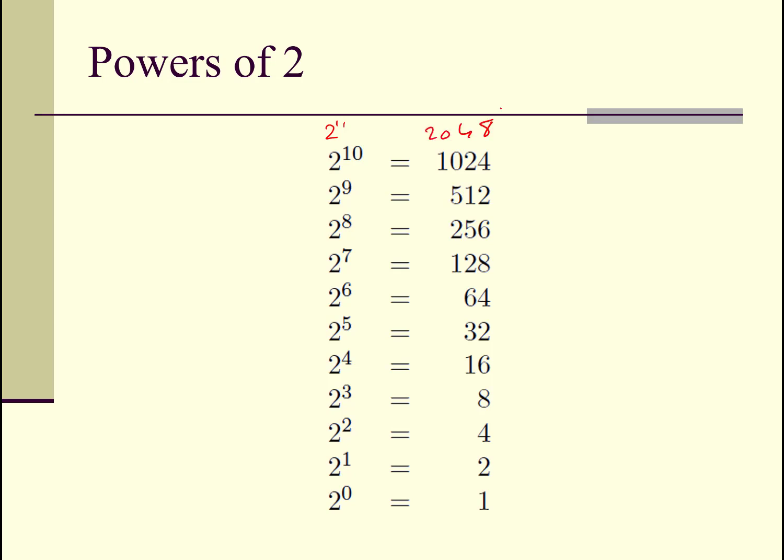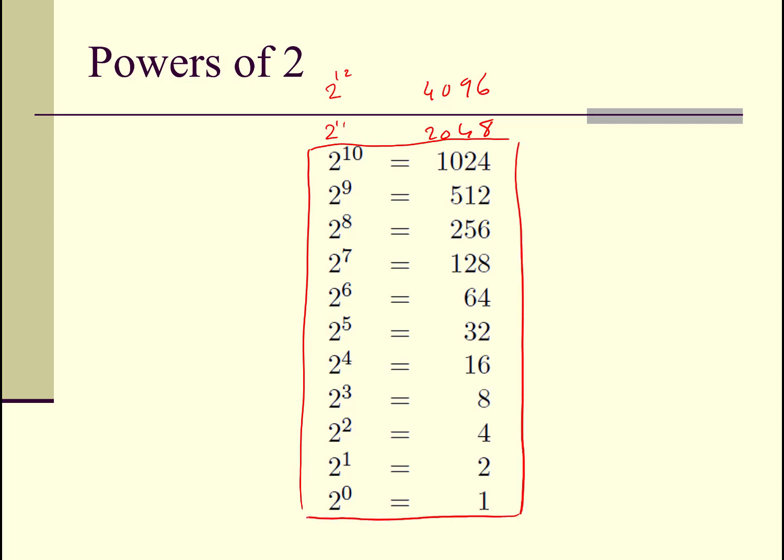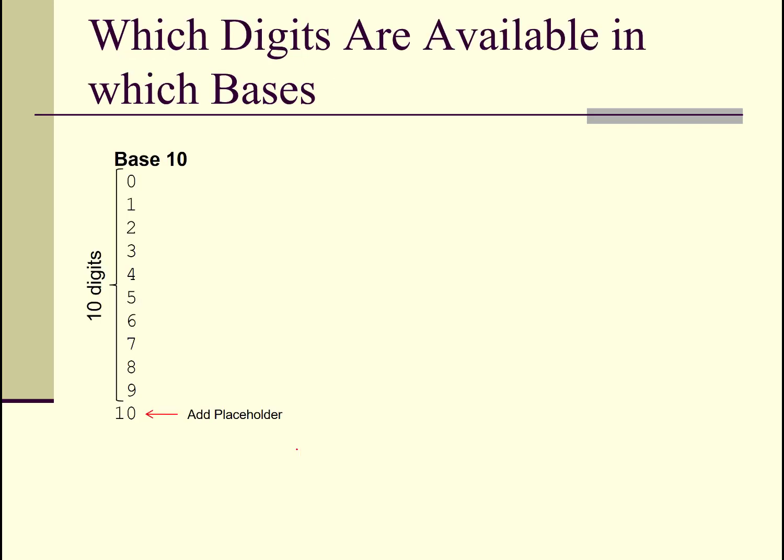And so on, 2 to the power of 12. You're just multiplying the number before by 2, so this is 4096, and so on. At least try to put these numbers in your mind, because we will need to work with them a lot when we are dealing with conversions.